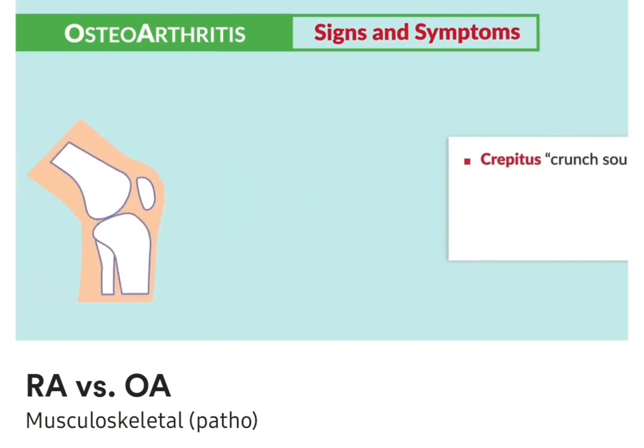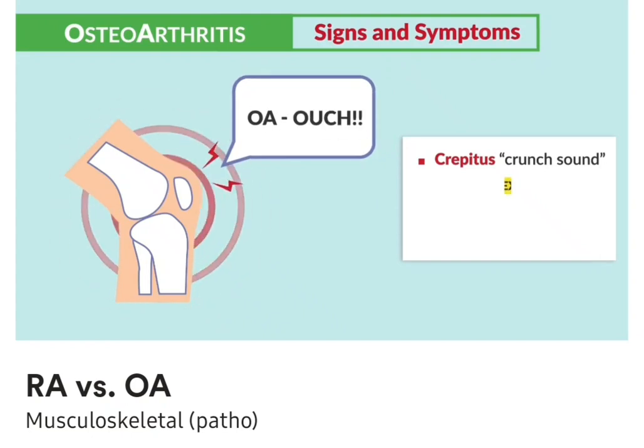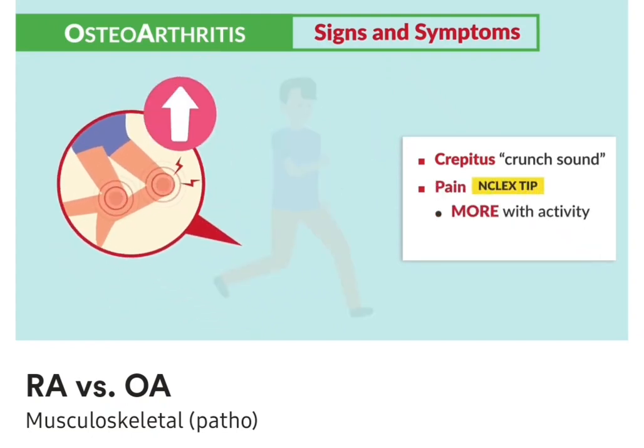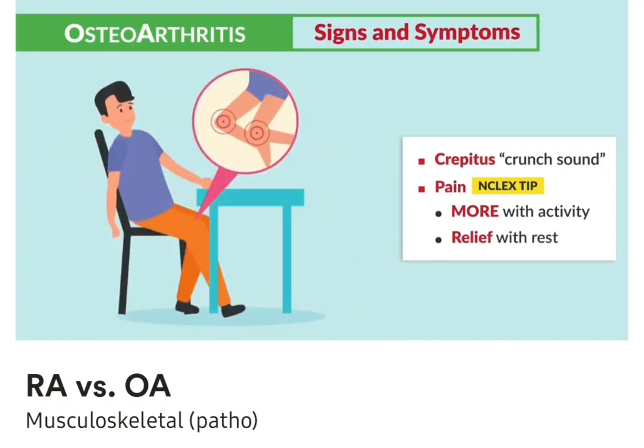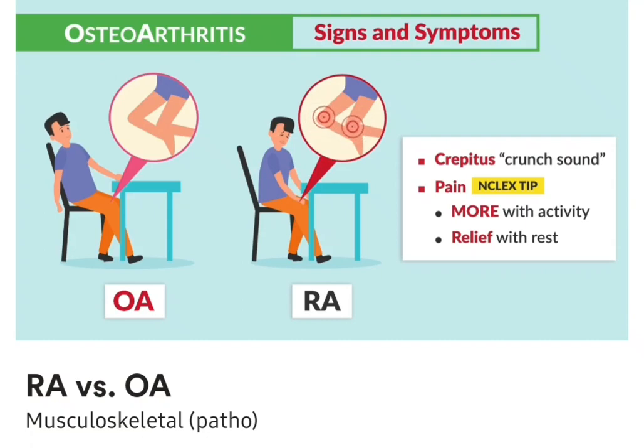But the key difference is crepitus, that crunch sound, as the bones grind together. So remember, OA is that ouch pain. So the NCLEX tip here is pain more with activity and relief with rest, the exact opposite of RA. So make sure to write that down and know the differences.